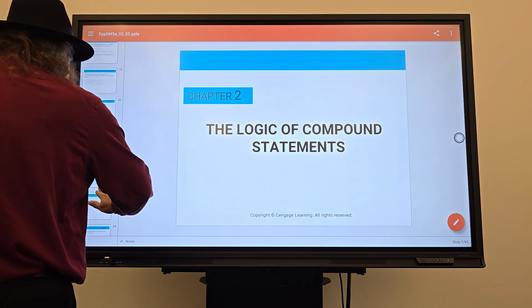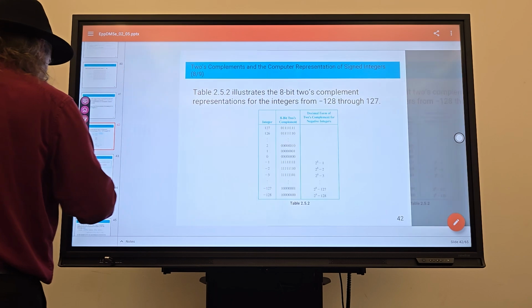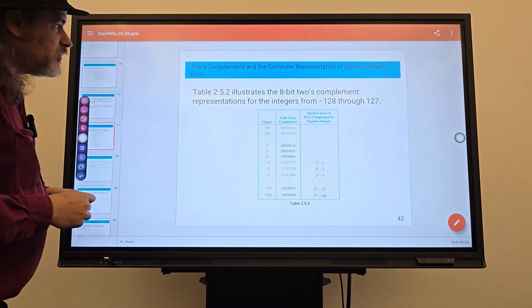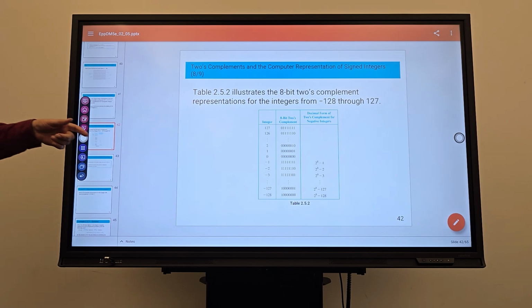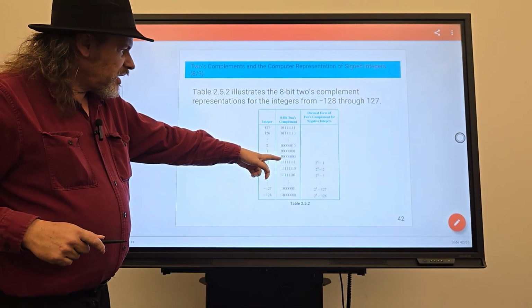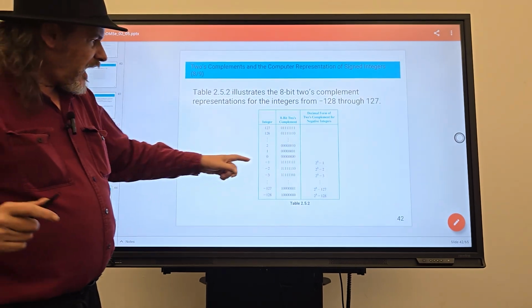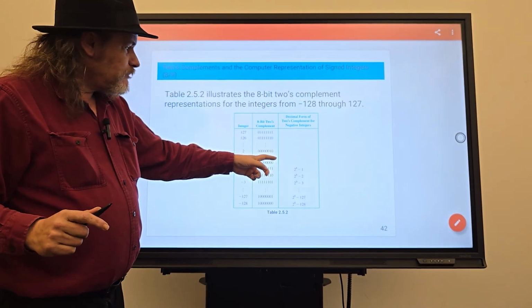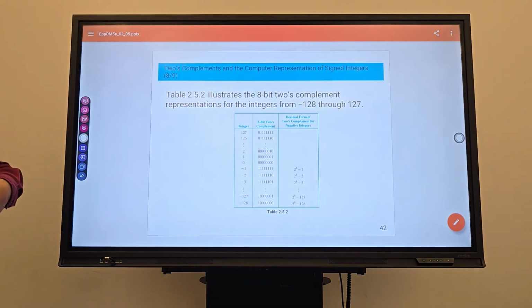Anyway, let's see here. Now the 2's complement representations: counting up from 0 is like normal binary. Counting below 0, if you take 0 and you subtract 1 from it, it just flips all the bits.